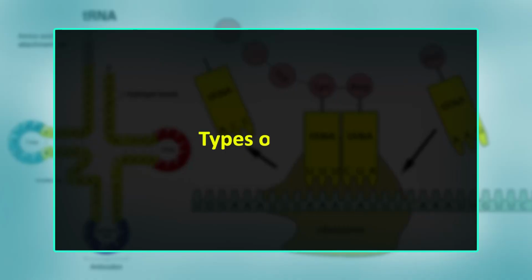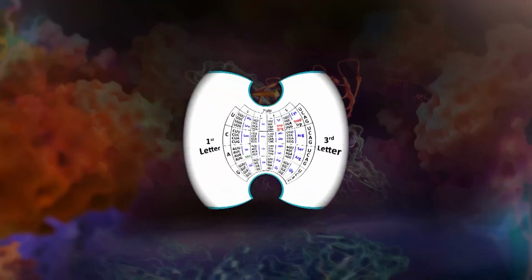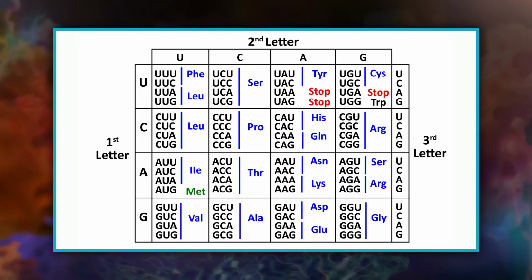Dear students, let's now discuss the types of tRNA. A tRNA can be classified based on the amino acid it carries, giving rise to 20 different tRNAs. Alternatively, they can also be grouped based on their anticodon. There are 64 possible codons arising from a combination of 4 nucleotides.